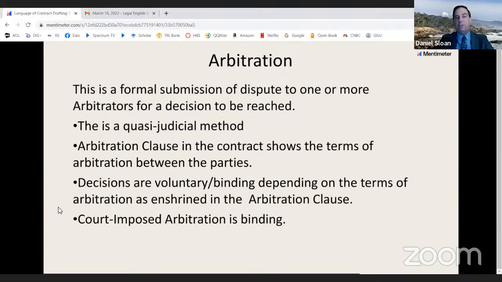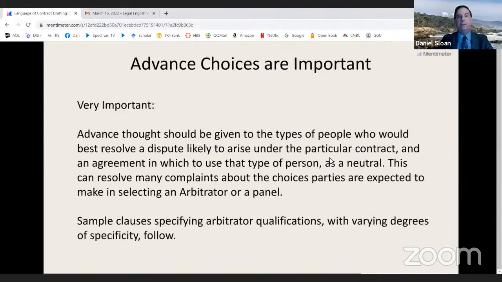Decisions are voluntary or binding, depending upon the terms of the arbitration as enshrined in the arbitration clause. So it's one of those it-depends questions: is it binding or is it not? It depends on how the clause is written. Court-imposed arbitration is binding. So if the court does impose arbitration, then it is binding.